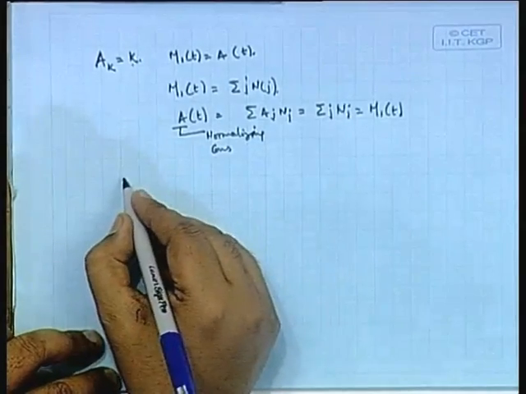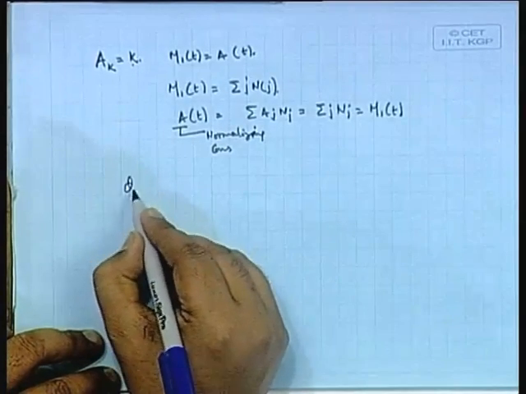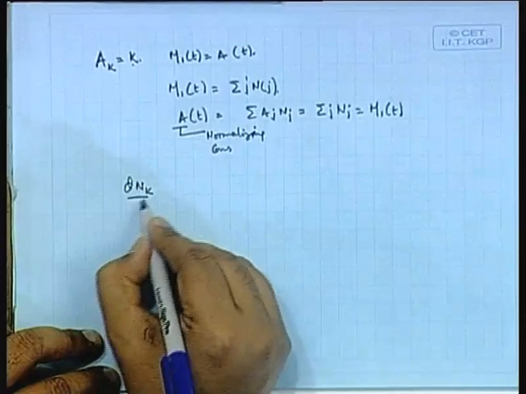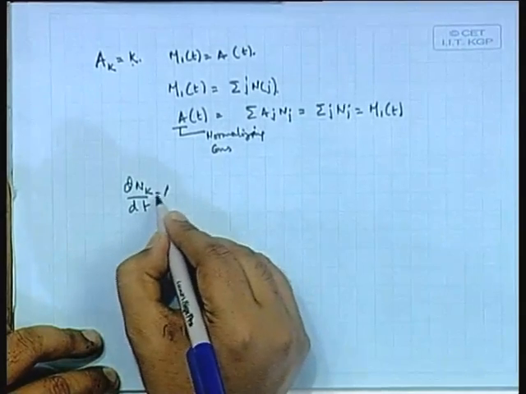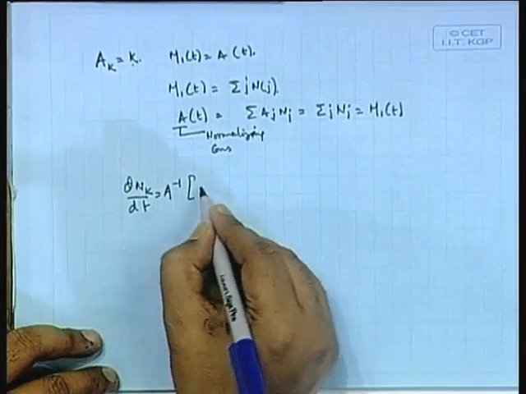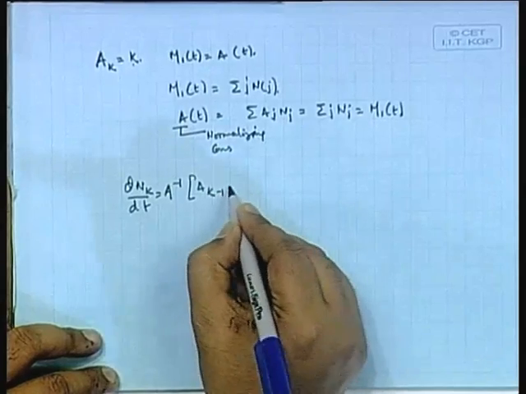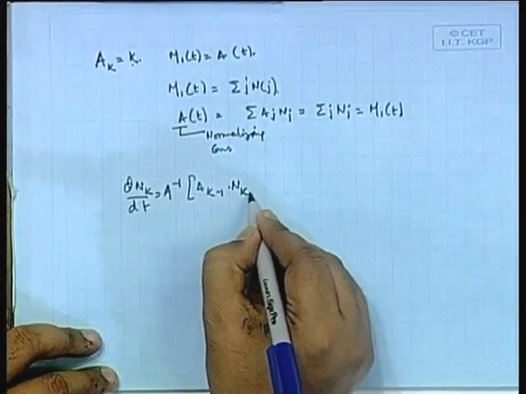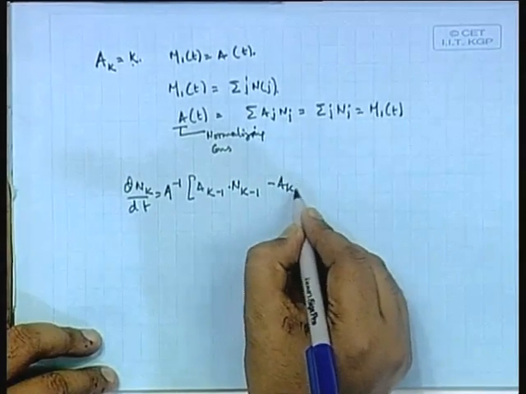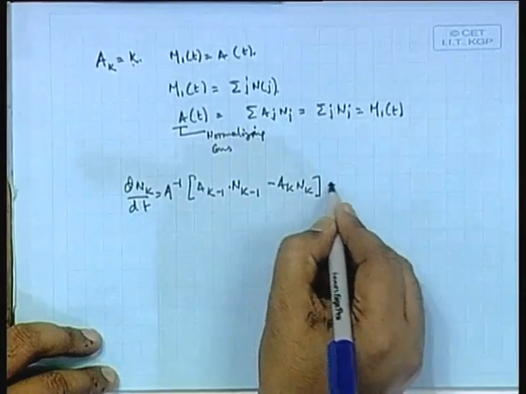So now let us again revisit the equation: d n_k/dt is equal to A inverse [a_{k-1} n_{k-1} minus a_k n_k] plus the source term.